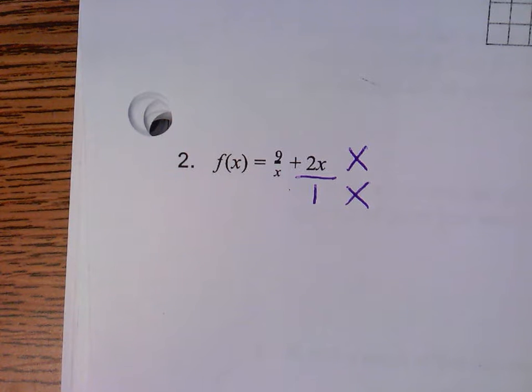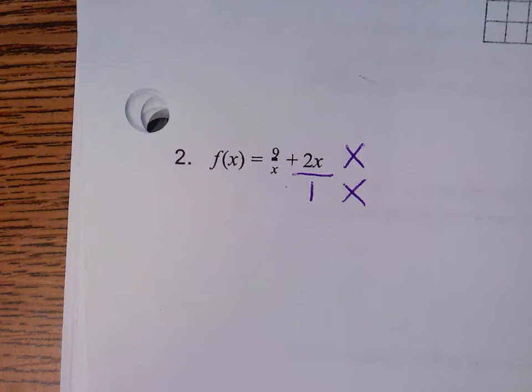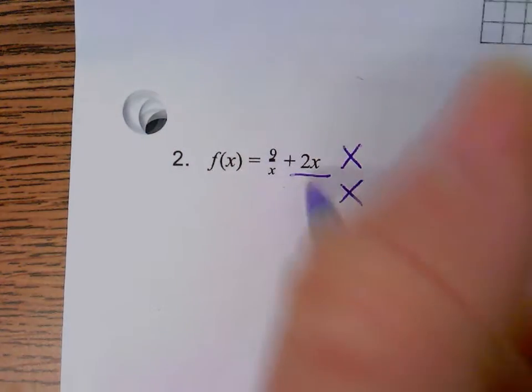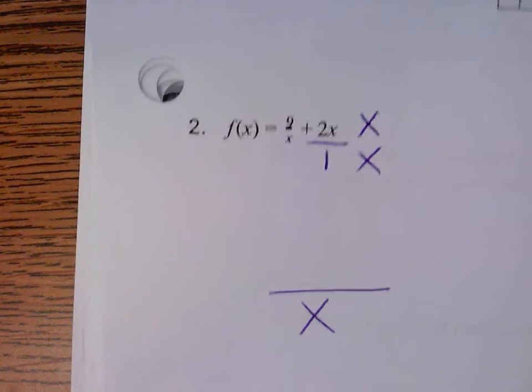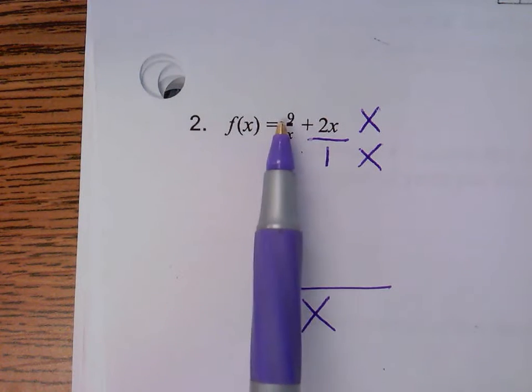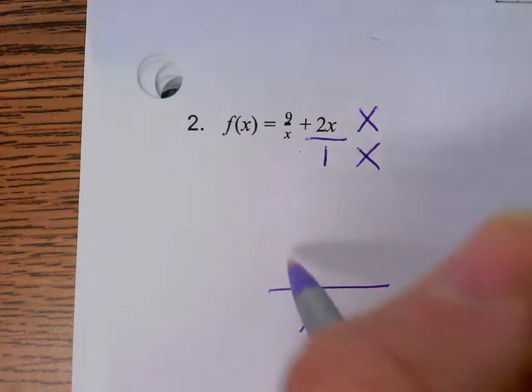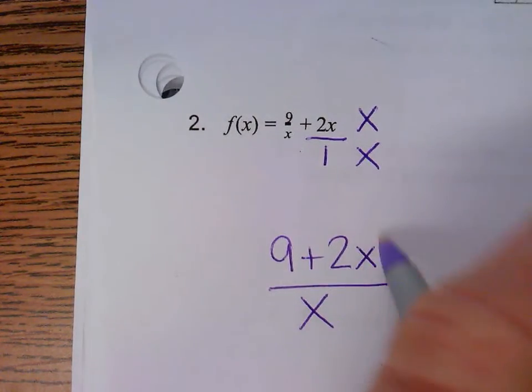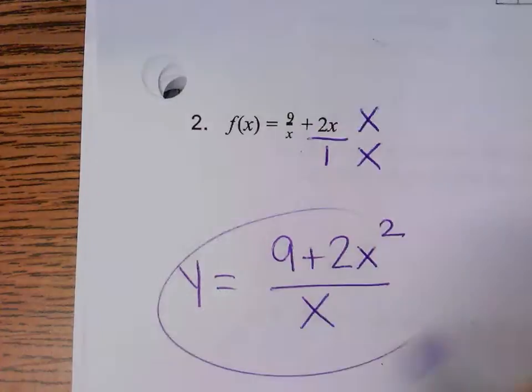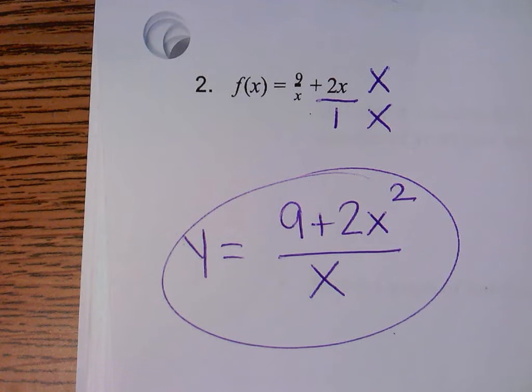This is a little bit higher order thinking because I know fractions tend to freak people out a little bit. So my denominator is just x now. And what's my numerator? This 9 plus 2x squared. 9 plus 2x squared. So to me, that's like the one-up step.